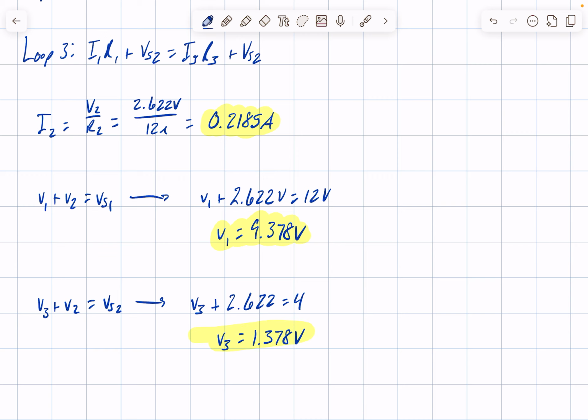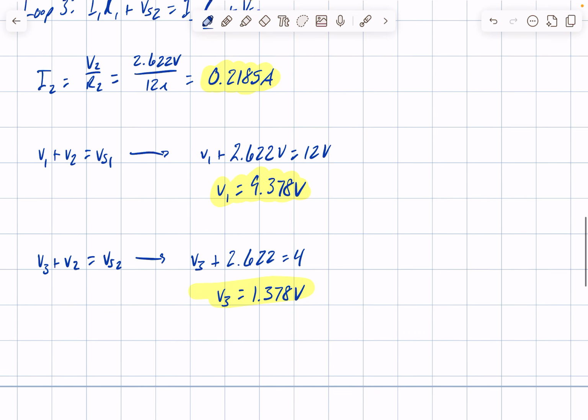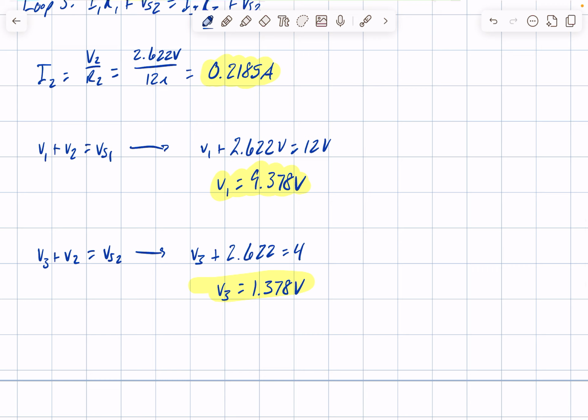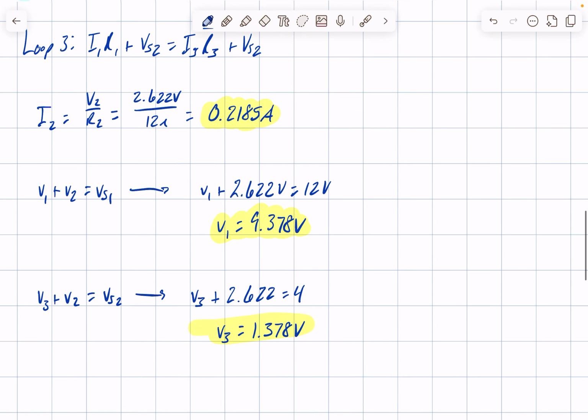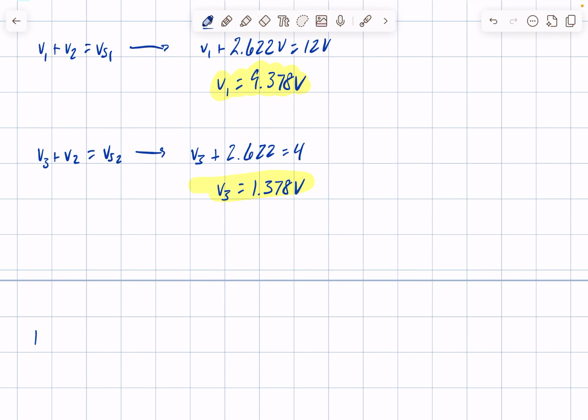Okay. Now that we did that, we can go ahead and find the currents of I1 and I3 using Ohm's law. So same principle as how we found I2. We can just say I1 is equal to V1 divided by R1, because we know these values now. So V1 is 9.378 volts divided by 56 ohms, which gives you a value of 0.167 amps.